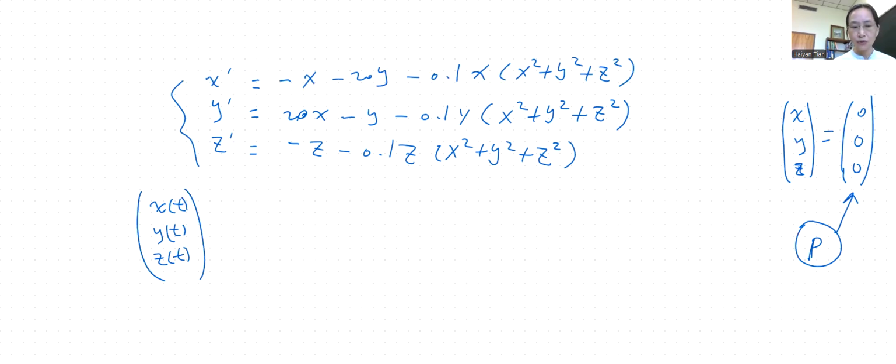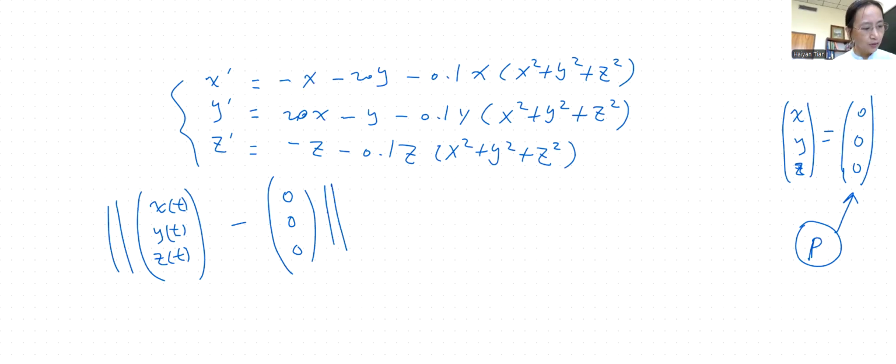Are they being attracted, or are they sufficiently close to this point when the initial data is close enough? So we just want to see whether 0, 0, 0 is a stable fixed point. Let's look at another solution and the distance between this solution and the fixed point. That means we want to measure the distance, that's the norm.